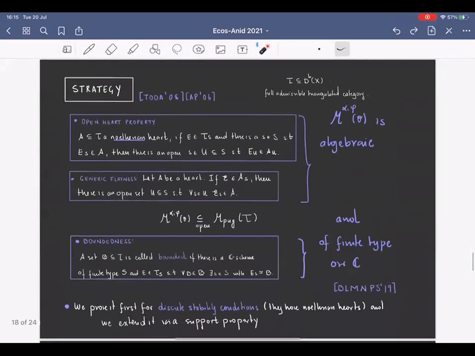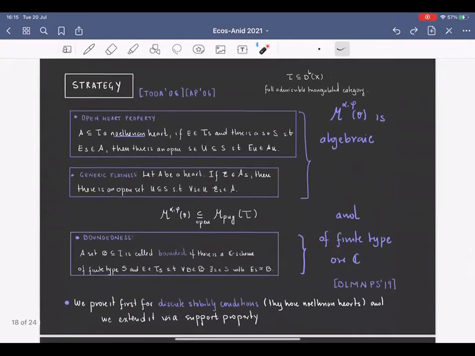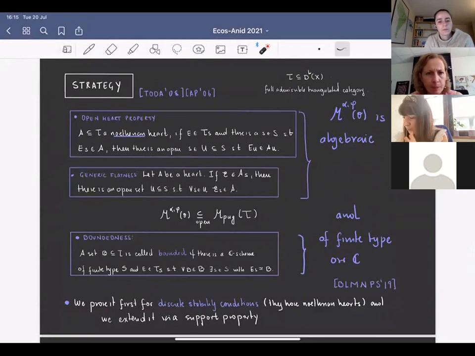So the strategy to prove that our moduli stack is algebraic of finite type is precisely this one. To prove that it's algebraic, there are two properties. This is following Toda, who did it in the case of K3 surfaces, and it is a strategy given by Abramovich and Polishchuk.